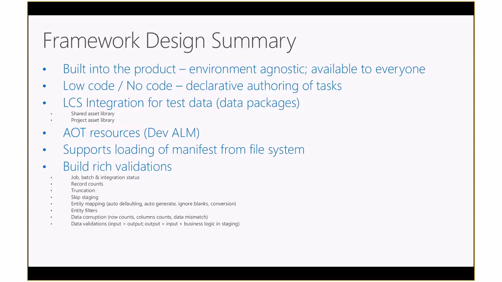The XML file can just be checked into the source control, right? It can be a resource in AOT. And the task automation manager, once it is deployed to an environment, can read the resources of a specific kind from the AOT itself. This makes the end-to-end process very seamless, where there is no passing around of manifests, if you will. It's all driven through the ALM process itself.